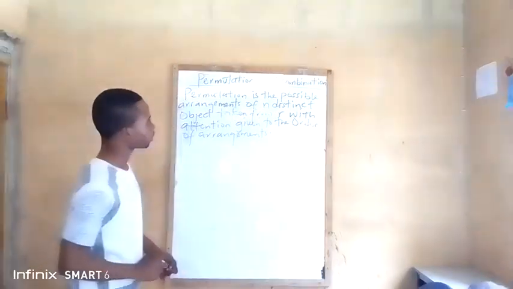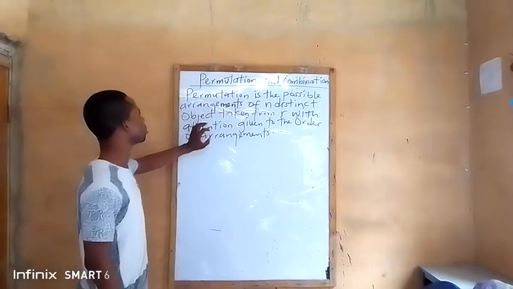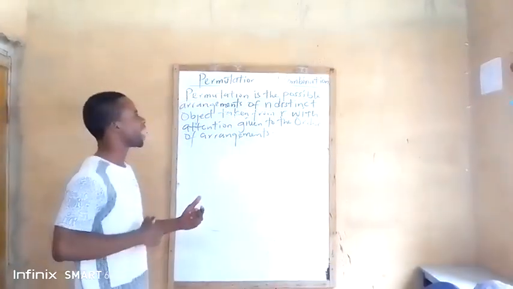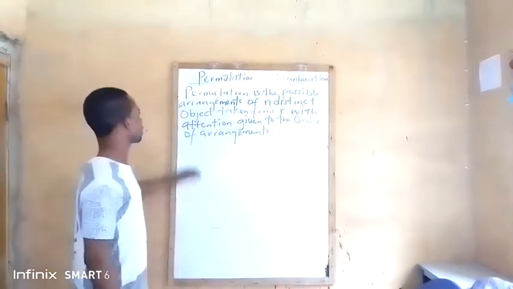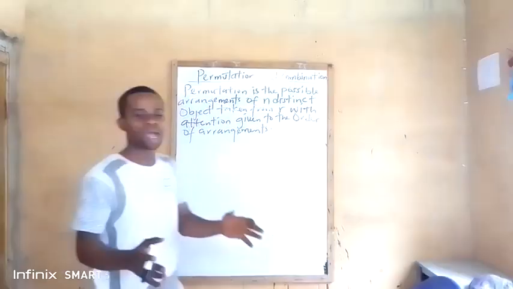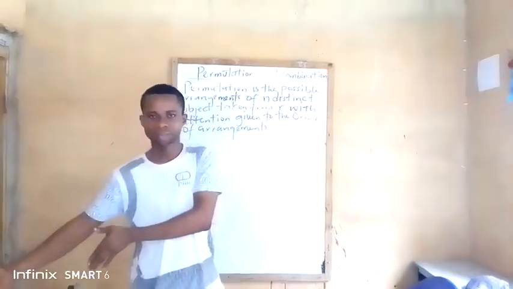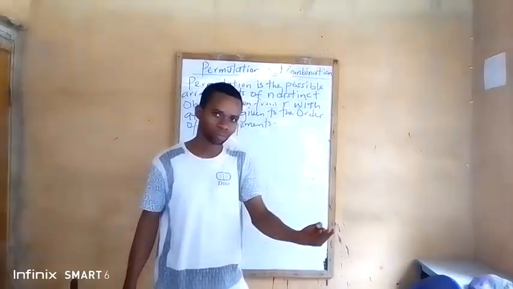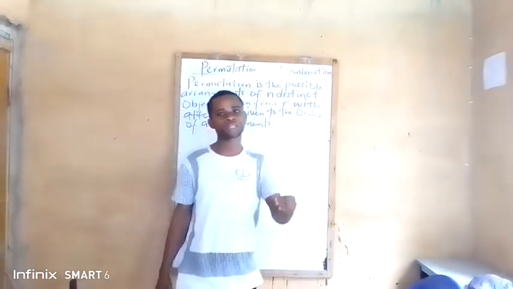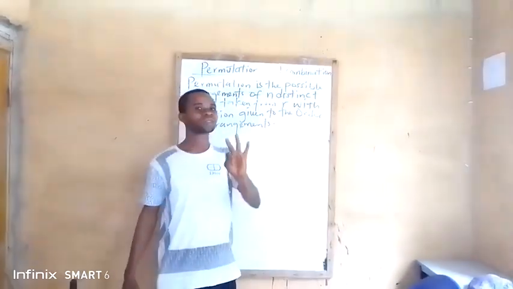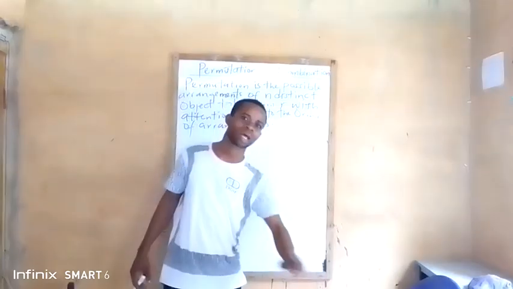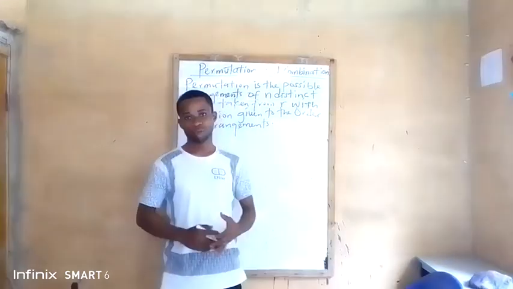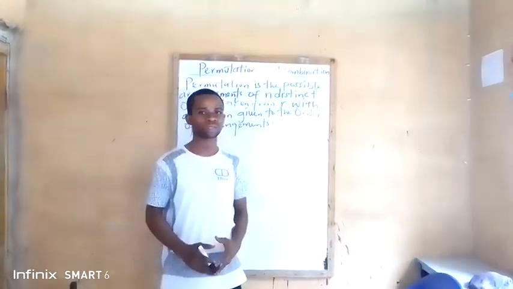Now, what is permutation again? I say permutation is a possible arrangement of n distinct objects taken from R. Let's say I have 10 students and I want to give 3 scholarships. That means 3 scholarships can only be given to 3 students out of 10 students, because I cannot give it to all the 10 students.